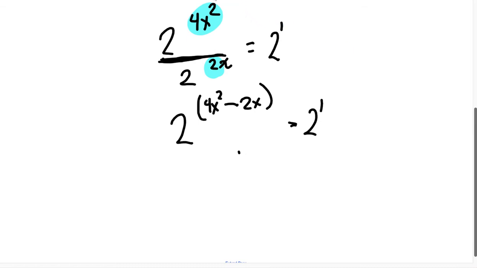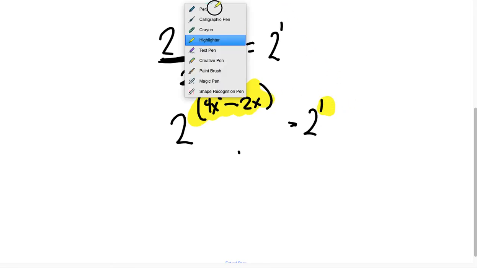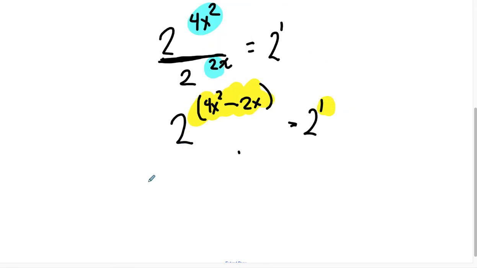Now that we have the same base and it's a single exponential equation, we can set this exponent equal to this exponent. So now we have to solve 4x squared minus 2x equals 1.